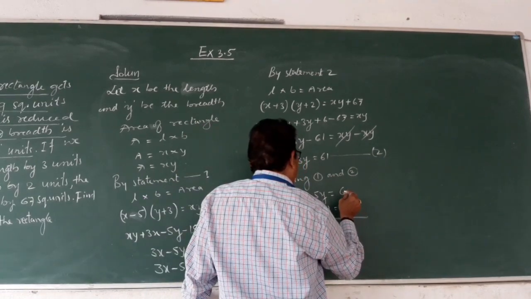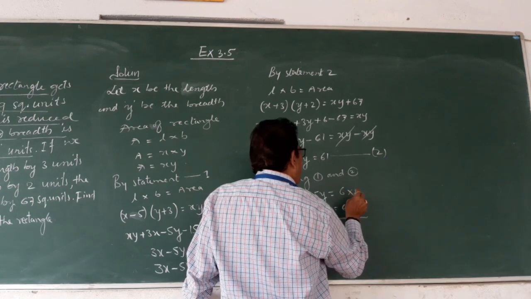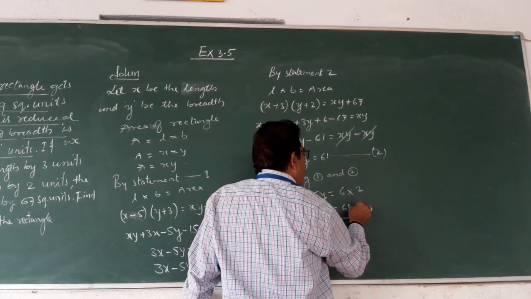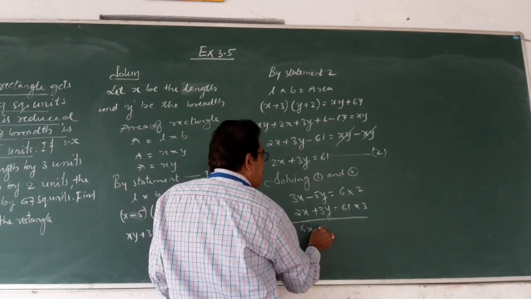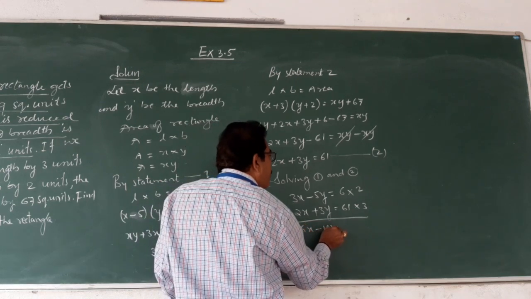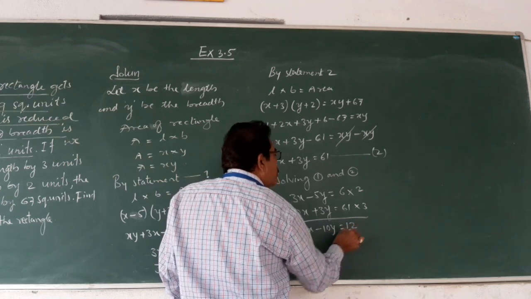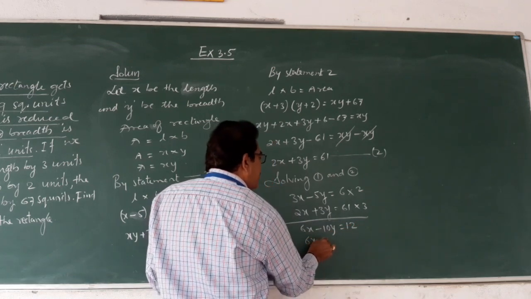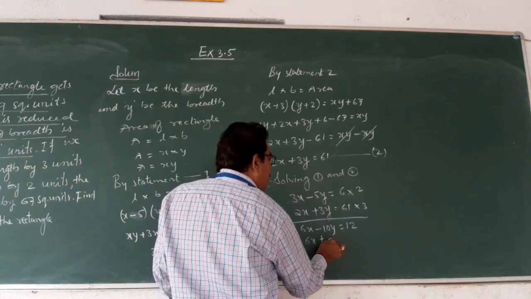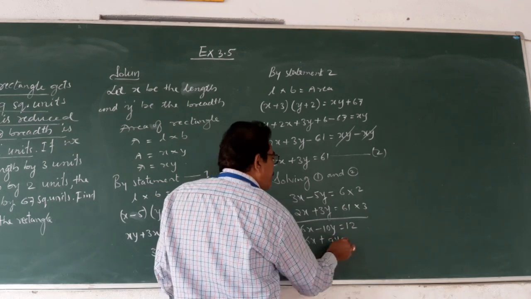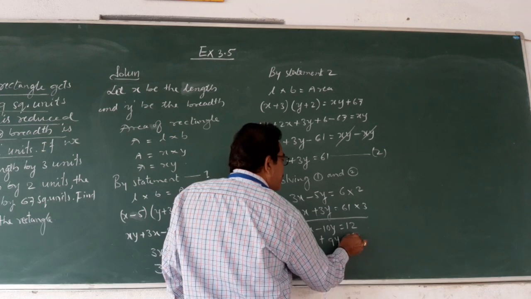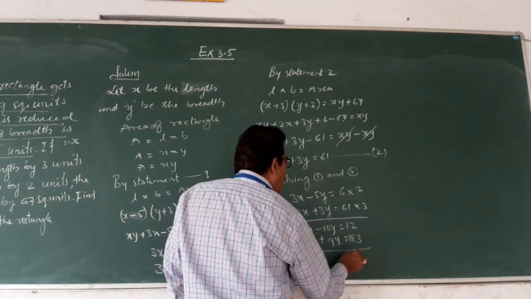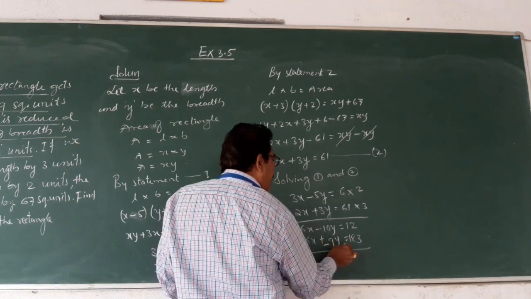Okay, multiply by 2 and by 3. 2 threes are 6x minus 2 fives are 10y equals 12. 3 twos are 6x plus 3 threes are 9y equals 3 sixty-ones are 183.